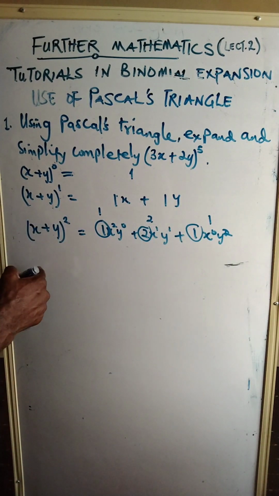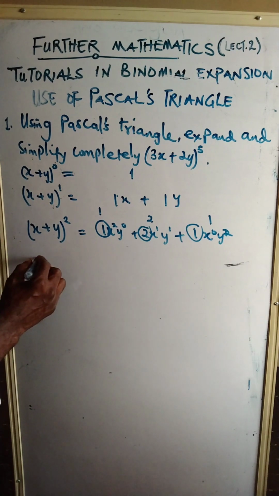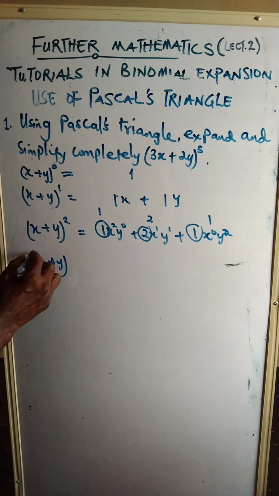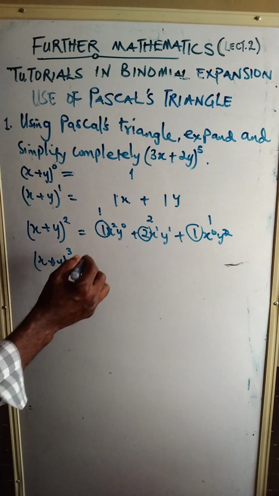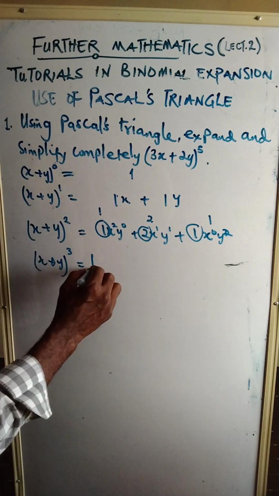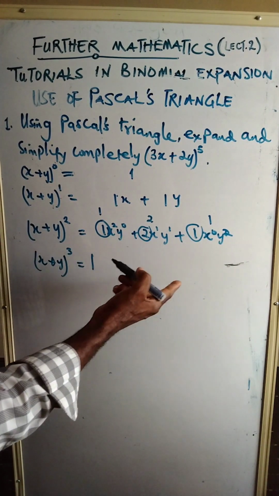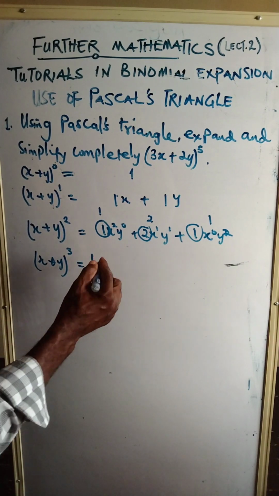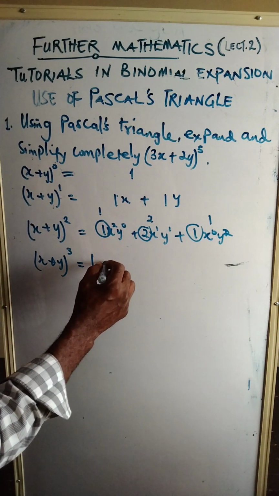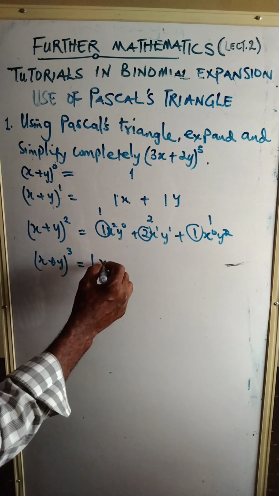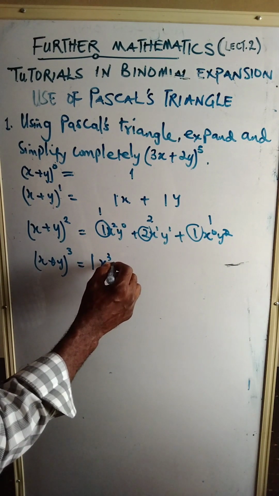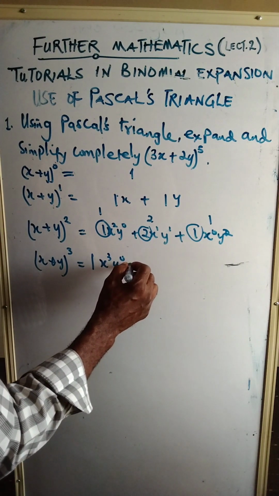So if I'm going to do the one for x plus y raised to power 3, it is going to give us something like this. 1 is going to lead the coefficient of the first term. So that's going to be x raised to power 3, and then y raised to power 0.